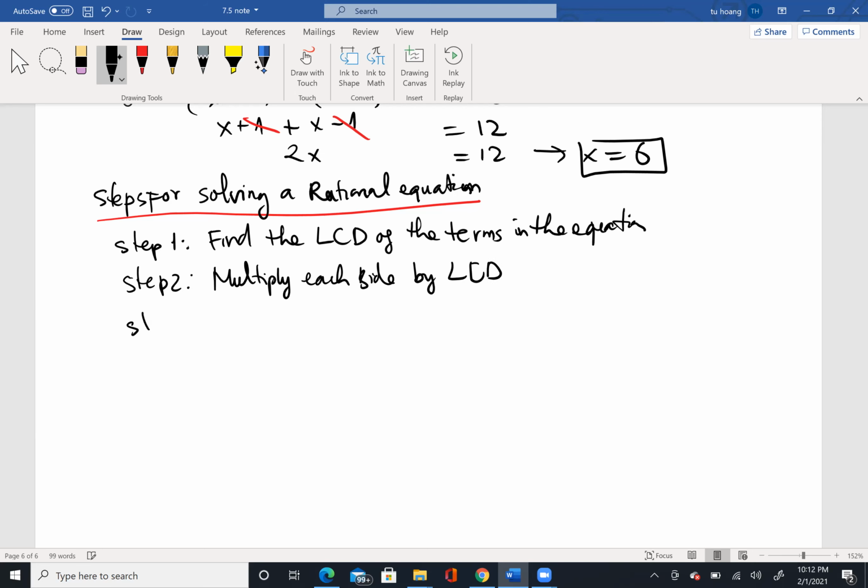And then comes step number 3: simplify each term. Step 4: you will solve the resulting equation.